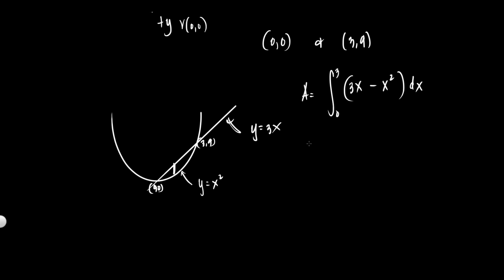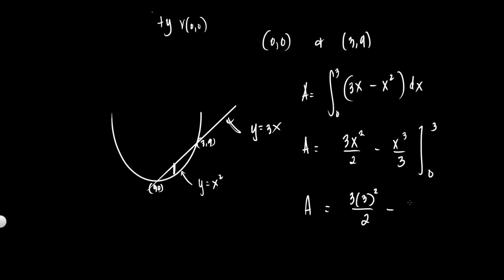So, the area now is equal to, integrate, so we have 3x squared over 2 minus x cubed over 3, limits 0 to 3. So, the area is equal to, upper limit, 3 times 3 squared over 2 minus 3 cubed over 3. Lower limit, 0.